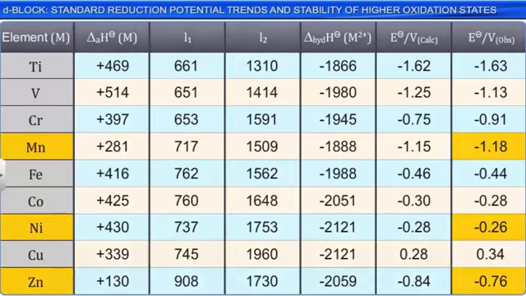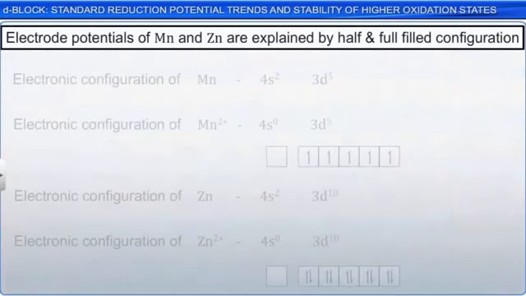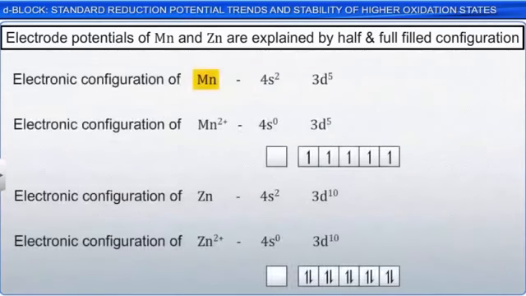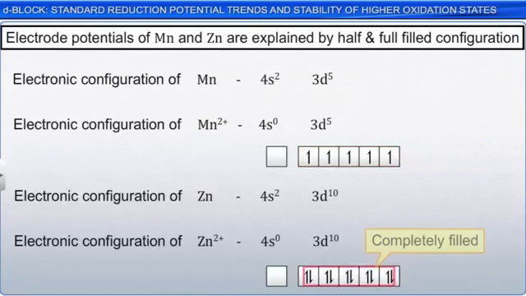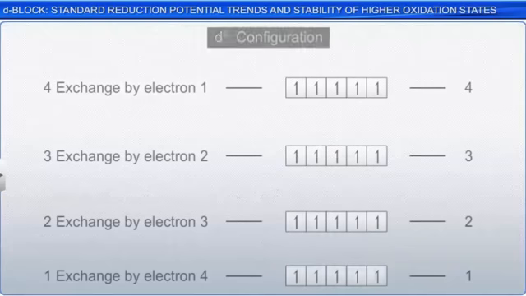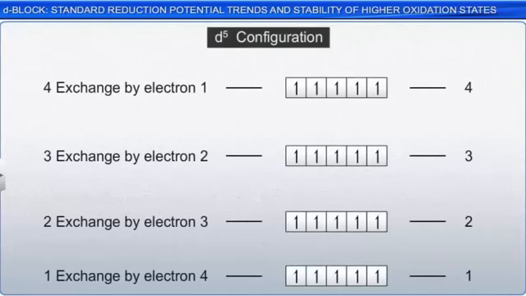The electrode potential values of manganese and zinc can be explained on the basis of the stability of the half-filled d subshell in Mn2+, and the completely filled d10 configuration in zinc 2+ ion. The stability is due to the maximization of the exchange energies between electrons of like spin.